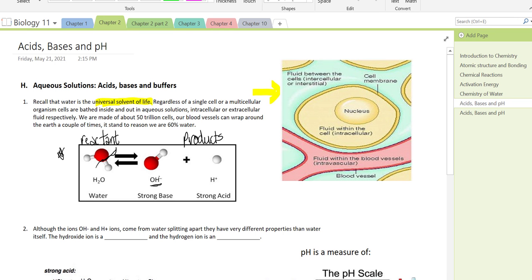This one here is called the hydroxide ion, OH minus. Remember, ions are charged. And over here we have the hydrogen ion. So we've got one plus and one minus. These two substances are what define acids and bases.